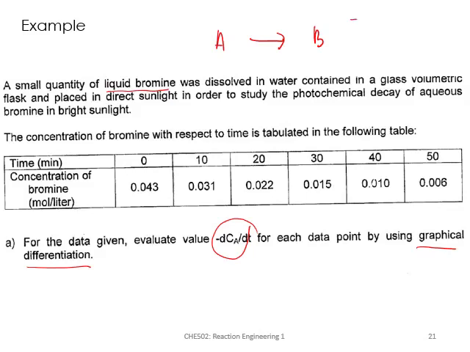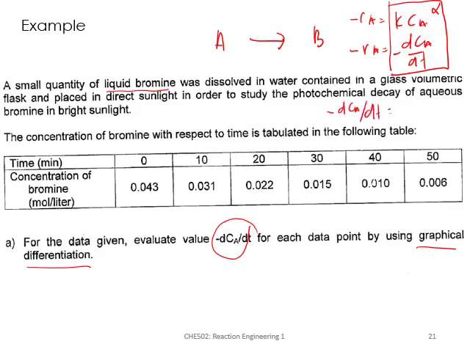So you may start with negative rA equal to k CA^alpha, the equation from the rate law, and another one from the mole balance, negative rA equal to dCA over dt for the batch reactor. Combine this one, you get negative dCA over dt equal to k CA^alpha.